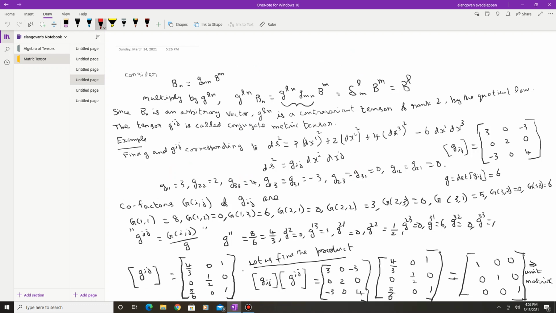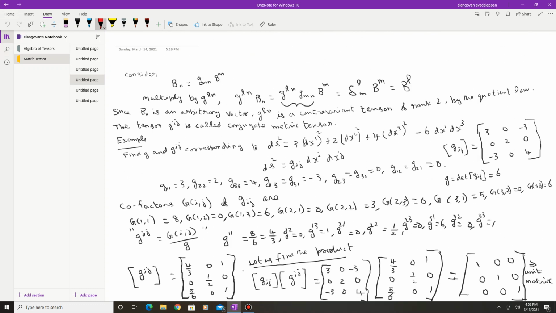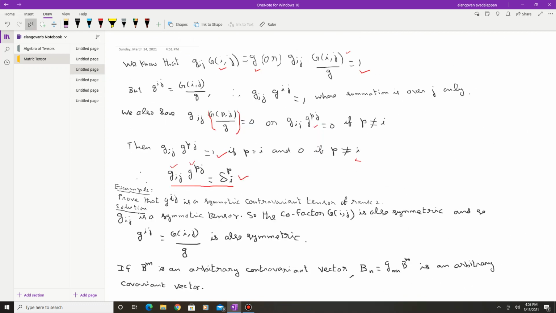Now let us consider this example. Let us prove that g^ij is a symmetric contravariant tensor of rank 2. g_ij is a covariant symmetric tensor, which is given, and the cofactor G_ij is also symmetric.